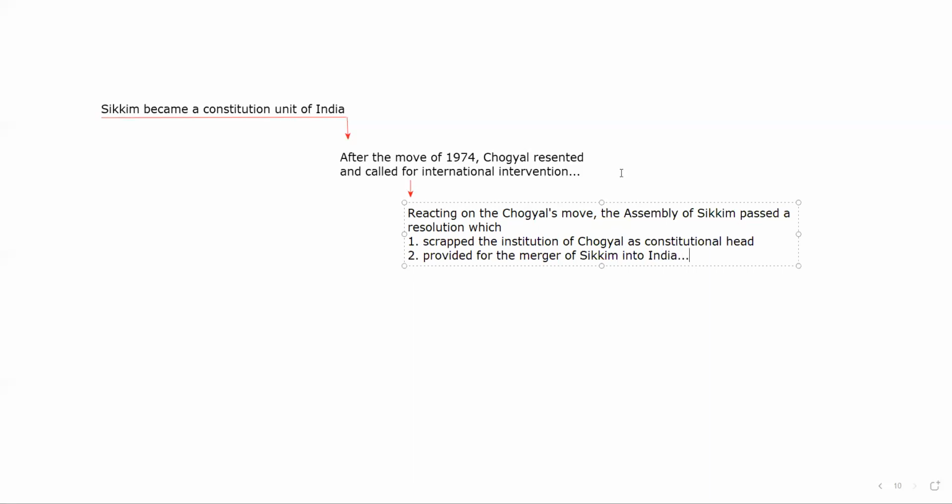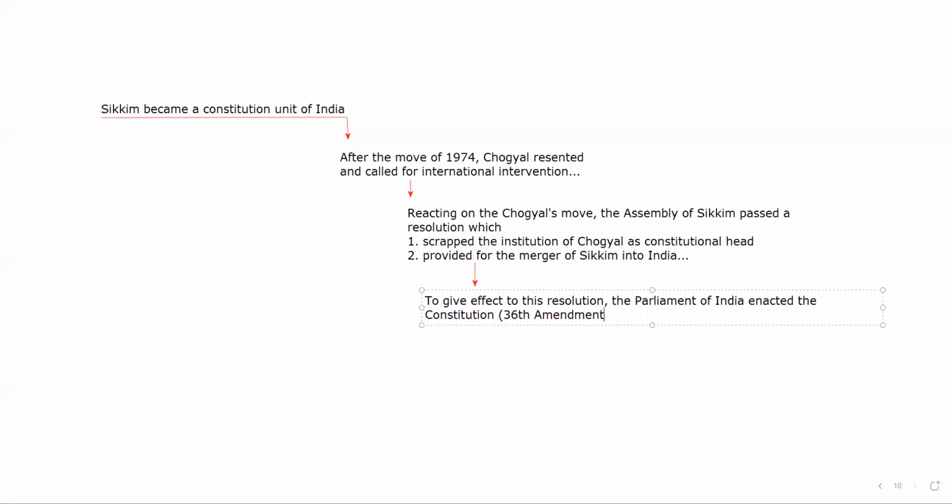To give effect to this resolution of the Sikkim Assembly, the Parliament of India enacted the Constitution 36th Amendment Act 1974.